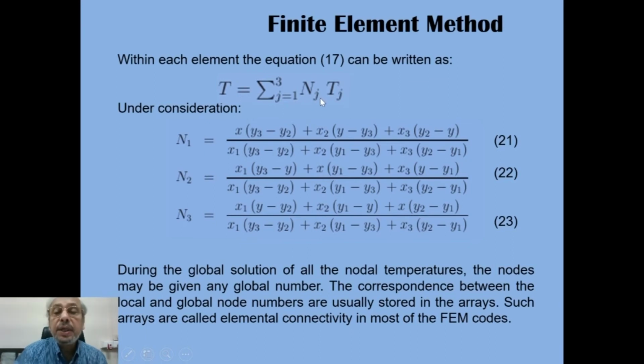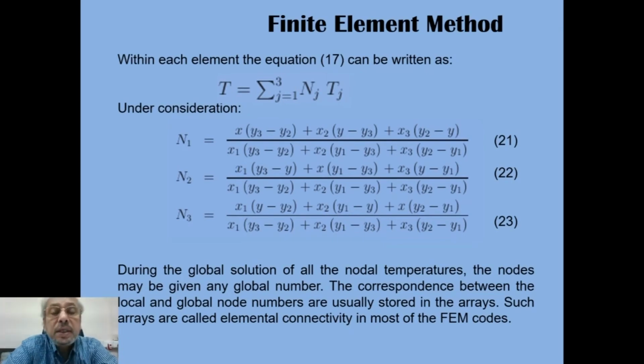We could have written Ni Ti or Nk Tk; the only thing is we would then have to write i equal to 1 to 3 or k equal to 1 to 3. We have written Nj Tj, j equal to 1 to 3, which means it will be N1 T1 plus N2 T2 plus N3 T3.